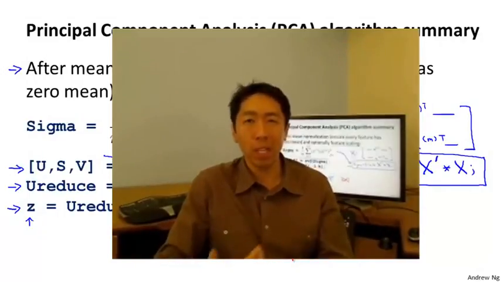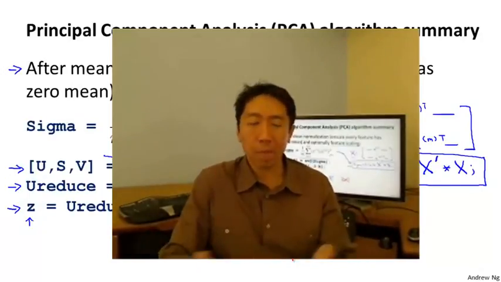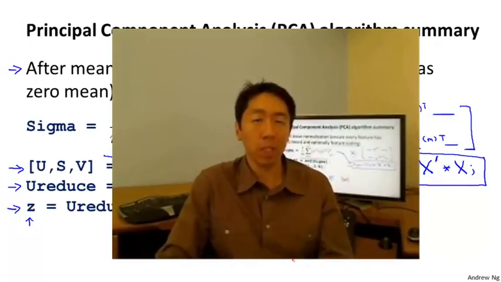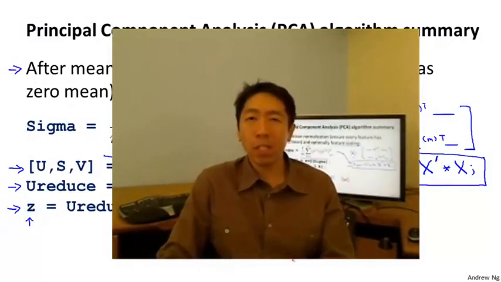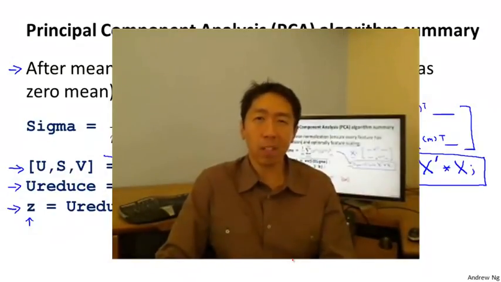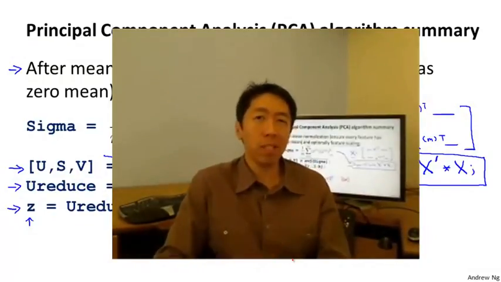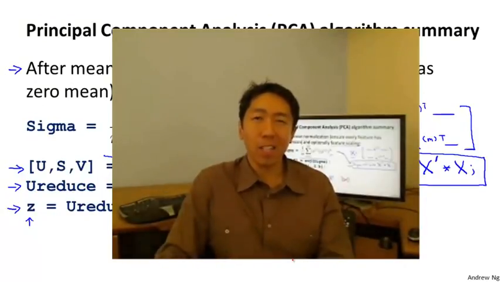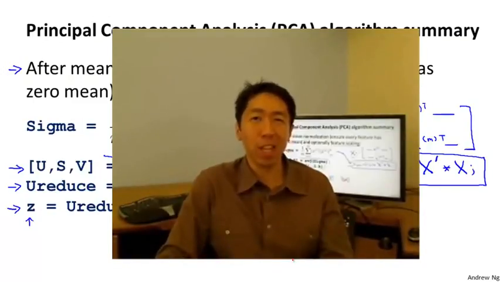So I didn't prove that this actually achieves that, and the mathematical proof of that is beyond the scope of this course. But fortunately, the PCA algorithm can be implemented in not too many lines of Octave code, and if you just implement this, it will work well. And if you implement this algorithm, you get a very effective dimensionality reduction algorithm that does do the right thing of minimizing this squared projection error.